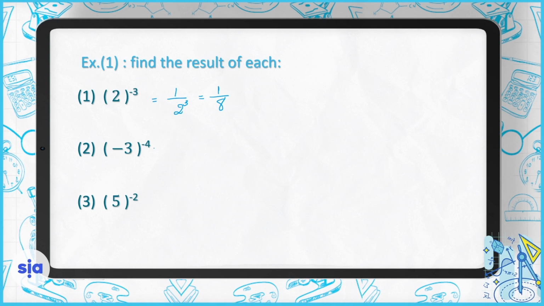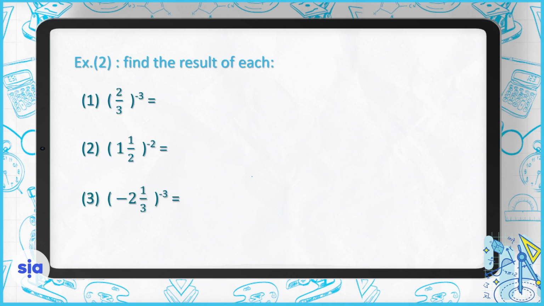The second one, 4 is an even power, and the even eats the negative, so it's 1 over 3 to the power of 4, which is 1 over 81. Question 3, 5 to the power of negative 2, it's 1 over 5 power 2, which is 1 over 25.